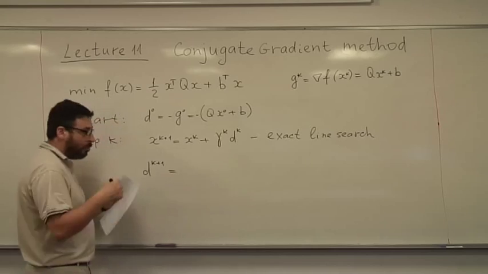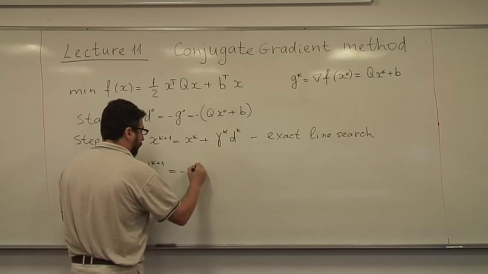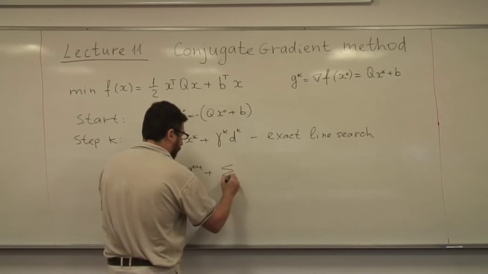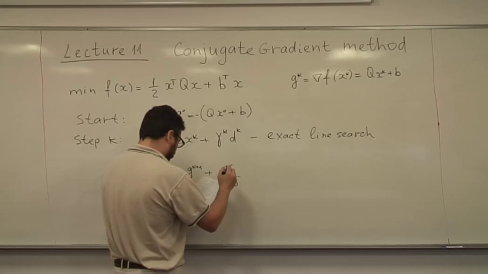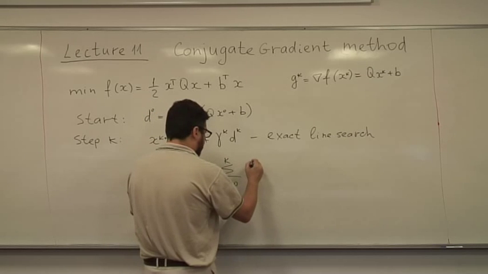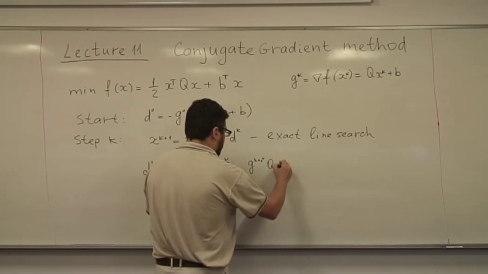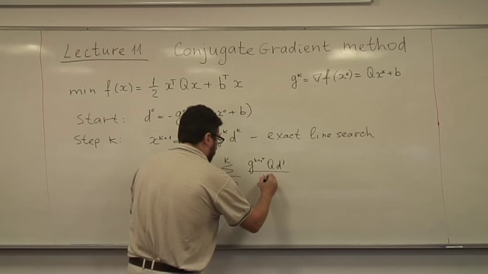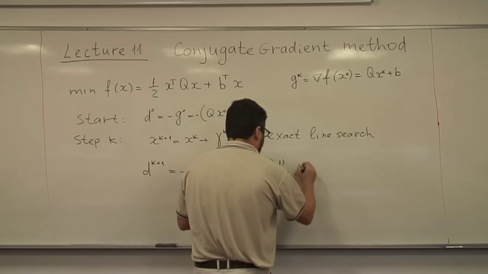So we have our new vector, which we orthogonalize: it is minus g k plus 1, plus this term which we already saw in the Gram-Schmidt formula, the sum over j from 0 to k of (d_{k+1} transpose Q dj) divided by (dj transpose Q dj), multiplied by dj.